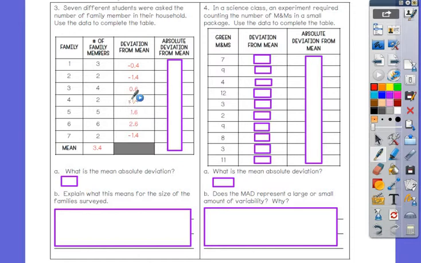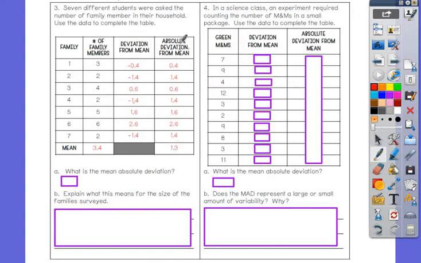Step 3 says find the absolute value of those deviations. Absolute value is just the positive form. So how far away is a -0.4? It's a +0.4. So it's all the positive forms. Then lastly, I wasn't supposed to show you this yet.